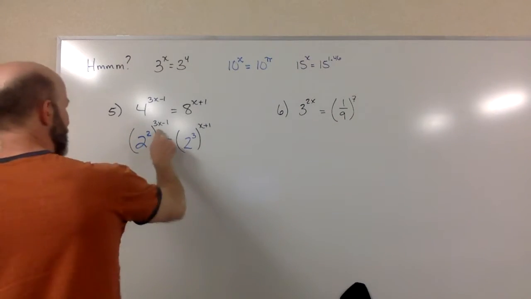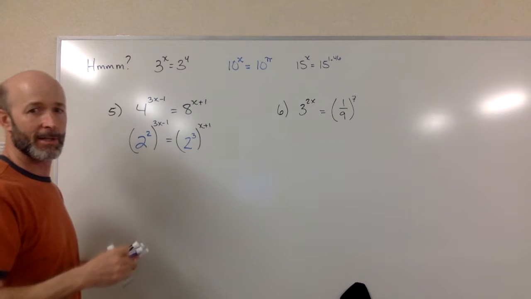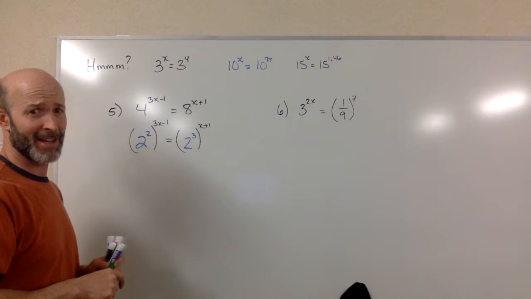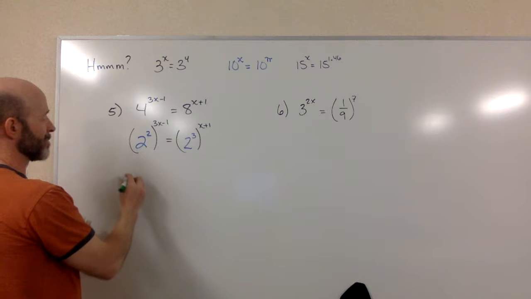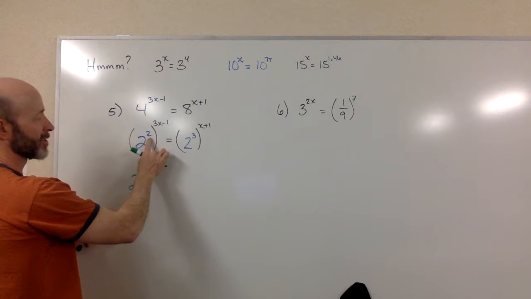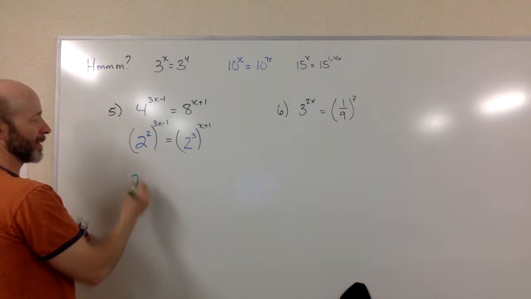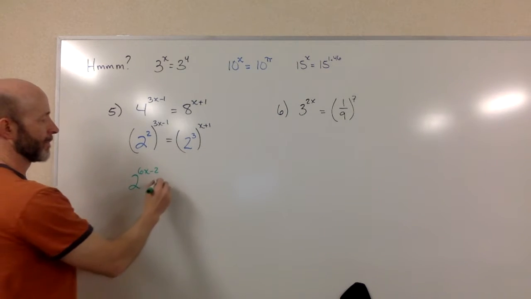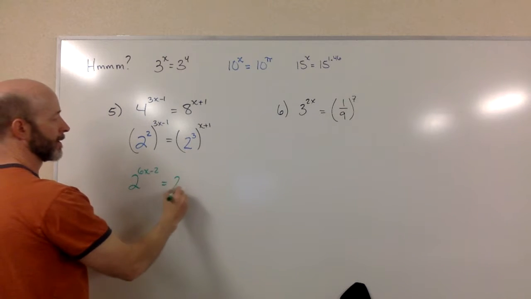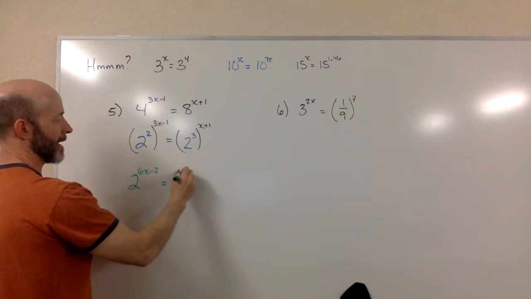And when I take one power to another power, you multiply. So what is 2 times 3x minus 1? 2 times 3x minus 1. And then I have 3 times x plus 1.